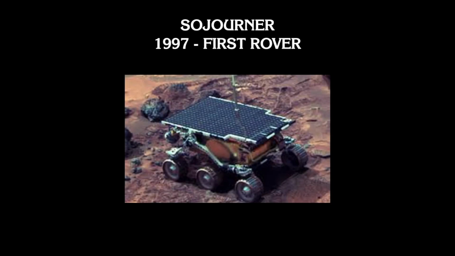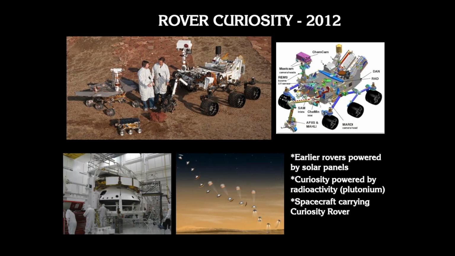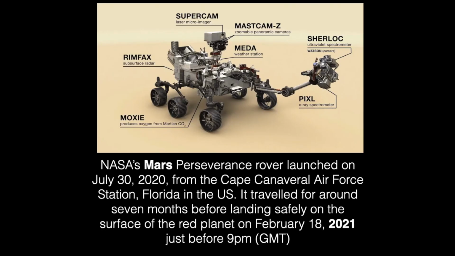Then in 1997, on Mars, we have the first little rover. This is the Sojourner. Then in 2012, we have the Curiosity. You can see the size difference between the Sojourner and the Curiosity, which is the larger one. The Curiosity was radioactively powered and had solar panels. And here's the latest one, the Perseverance.